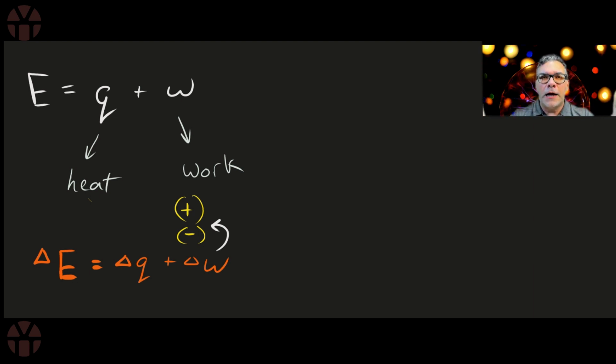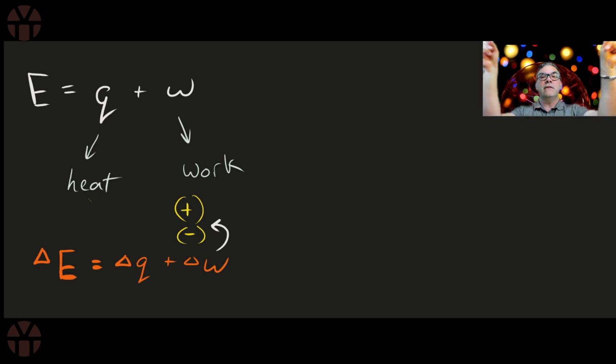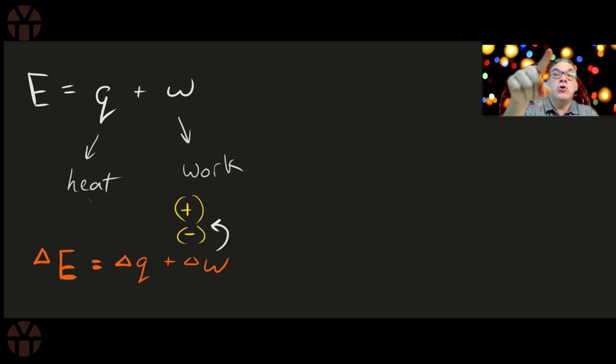Well, why are you tired? You're probably tired because look at how much energy you expended. Let's say it a different way. Look at how much work you did. Now, when you do work, that means that you release work or you release energy, and so therefore delta W is going to be negative.